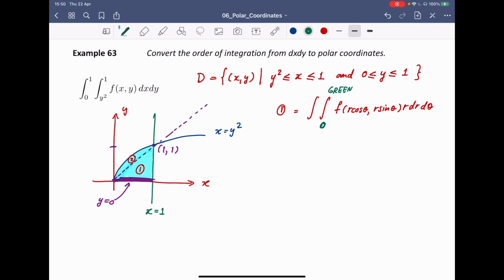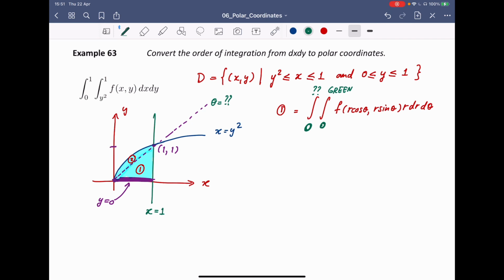And then after that, your theta, which you don't know what it is now, you're going to start from theta equal to 0, which is the x-axis, and go to theta equal to something at the line that I laser here, question mark. Well, that is the number one.